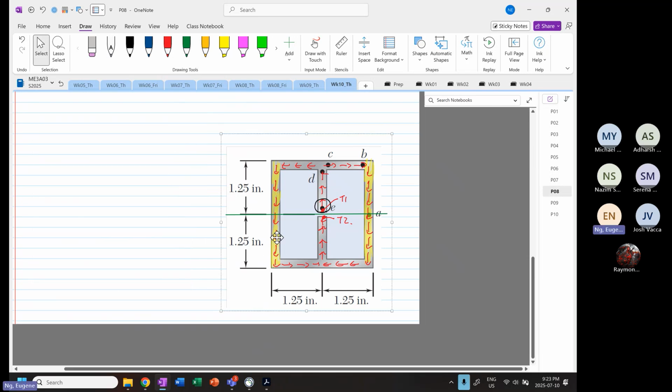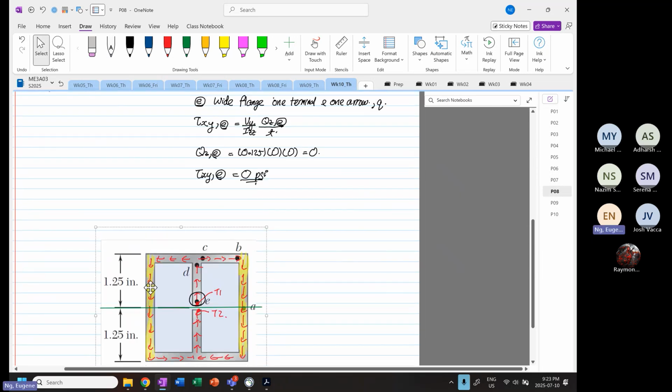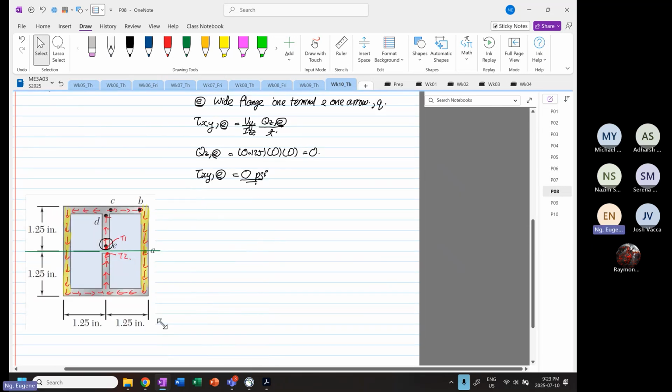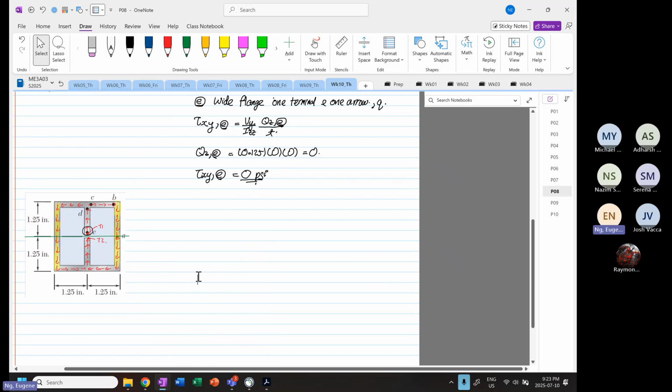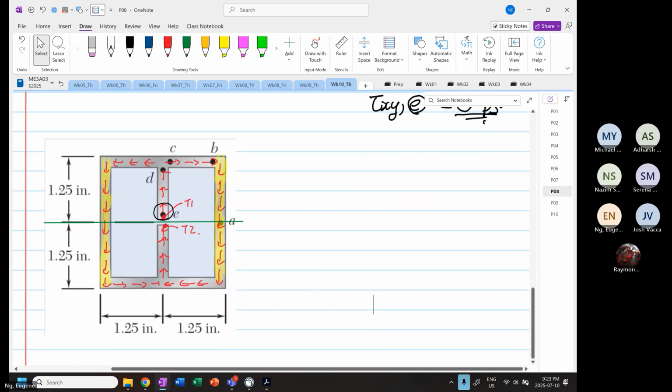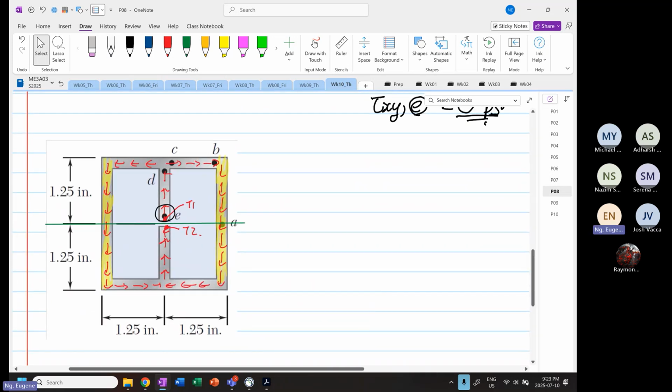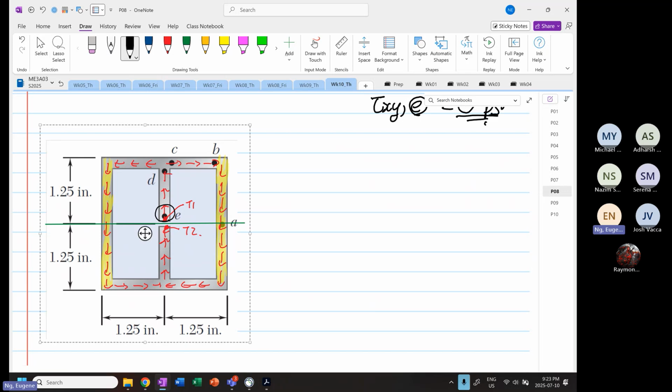So next, we look at point D. At point D, you have one terminal. You see how the arrow is moving. So we are going to focus in this view now. One terminal, arrow in only one direction.